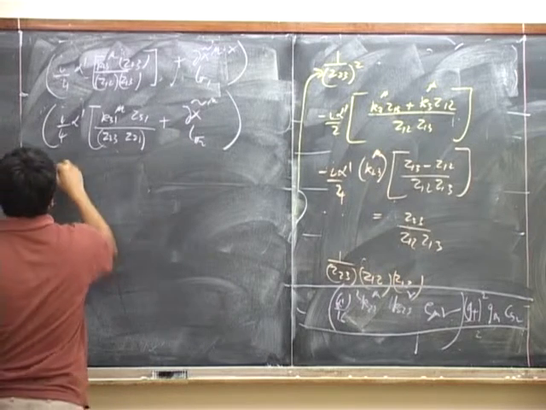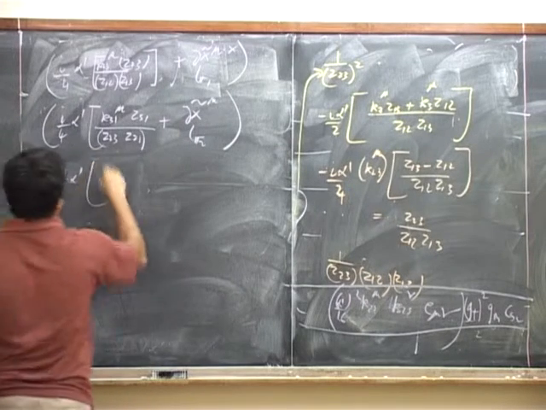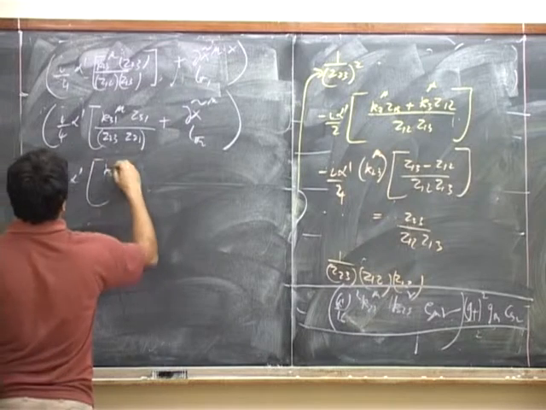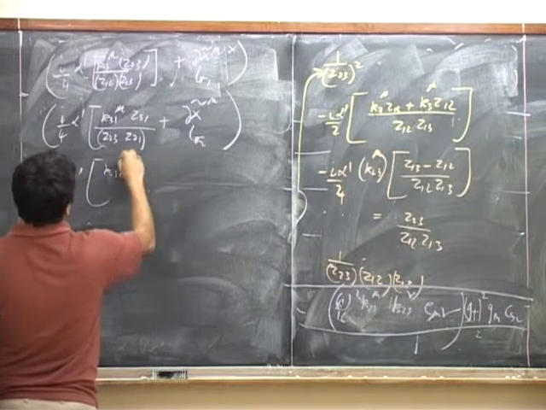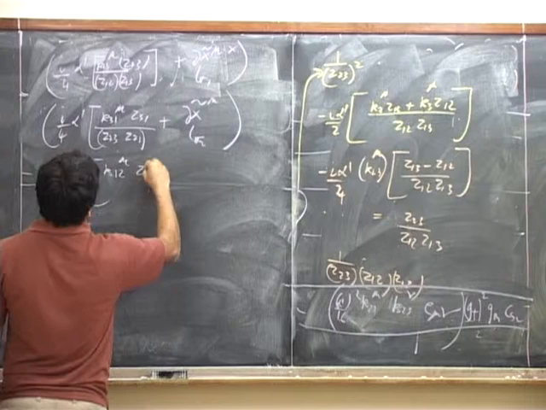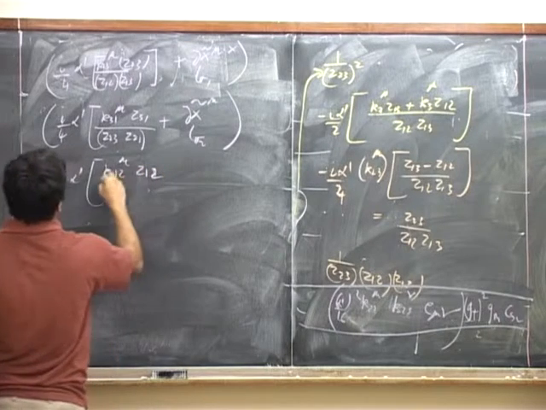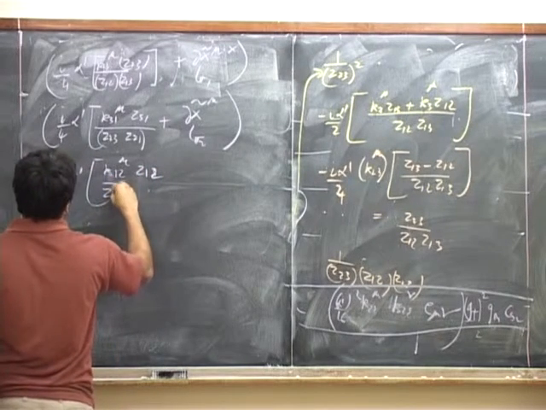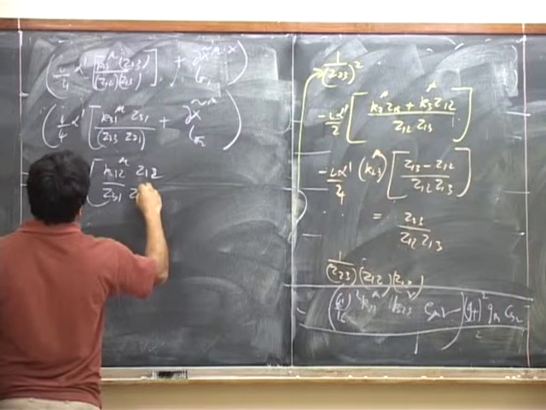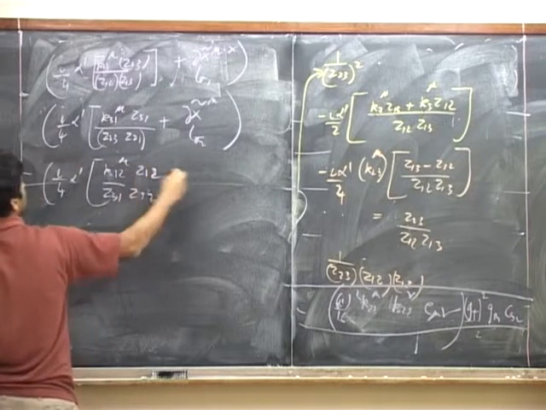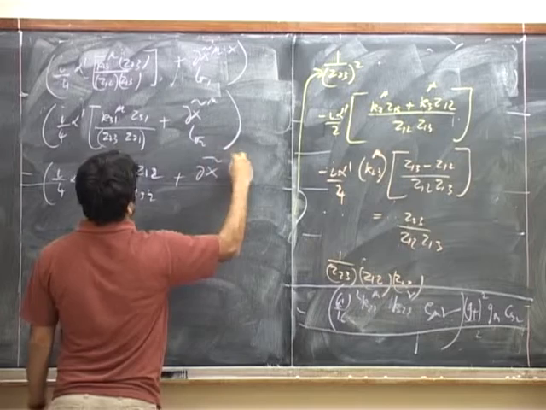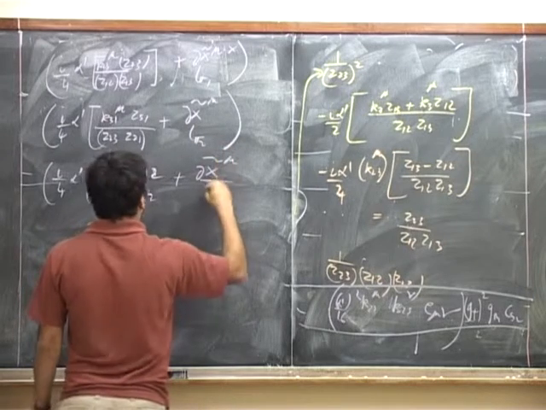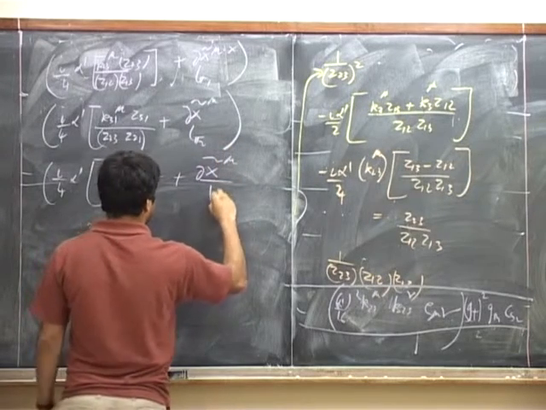And i by 4 alpha prime k12 mu, z12 over z31 z32, plus del X tilde mu at sigma 3.